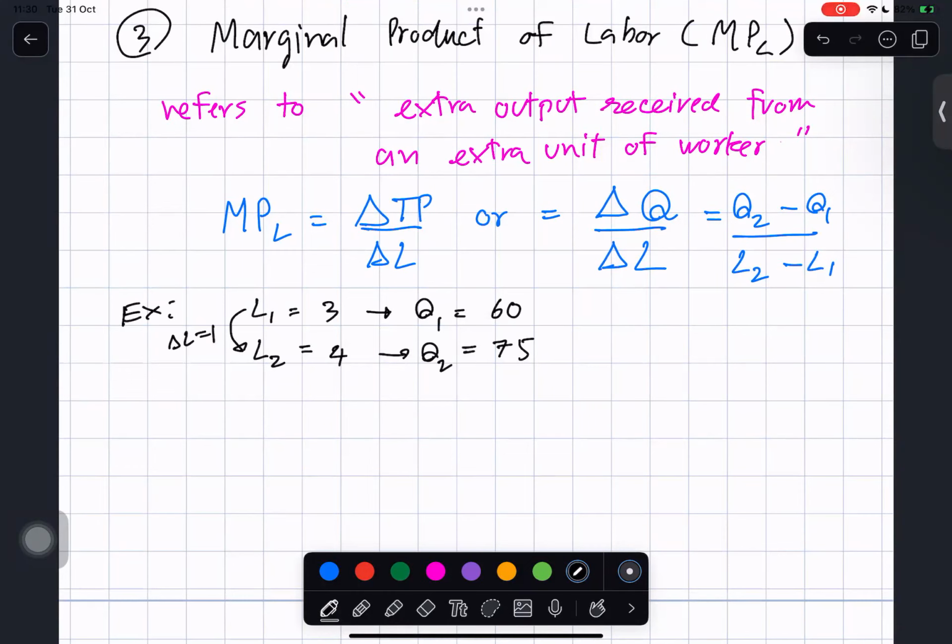So we increase one extra worker, delta L equal to 1. And we see the response by delta Q here. So cookies increased by 15 units. Delta Q.